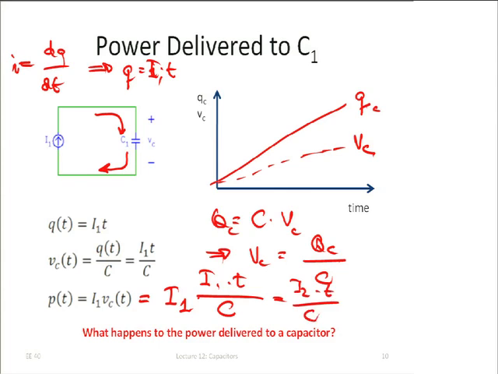Did I put the square here? I1 squared. So it actually is going to look something like this. Well, it's a quadratic, proportional to... oh no, as a function of time, that's not true. As a function of time, it's still going to look like this. Forget this guy, all right? So that's the power.